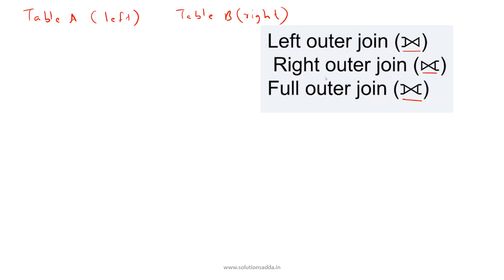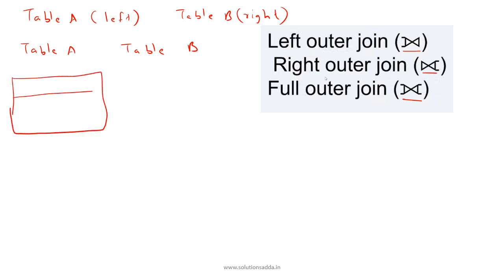So we'll try to understand this concept with the help of two simple tables, and we'll do the left outer join. So first let's draw table A, and this is table B. Table A has two columns.